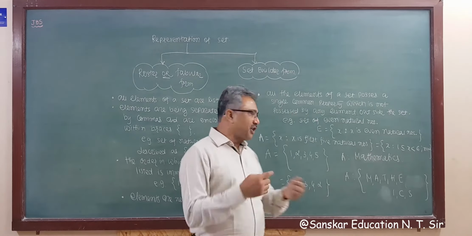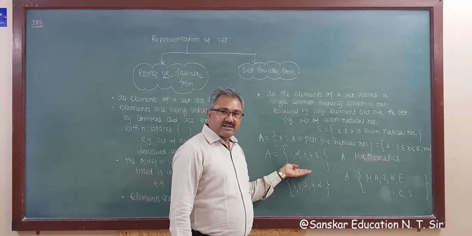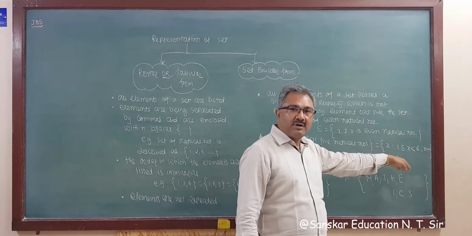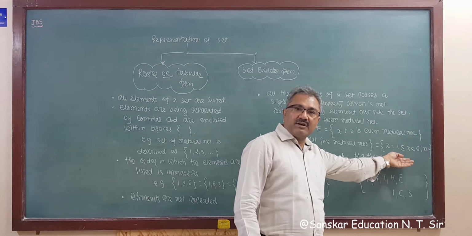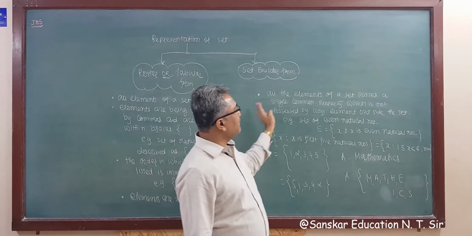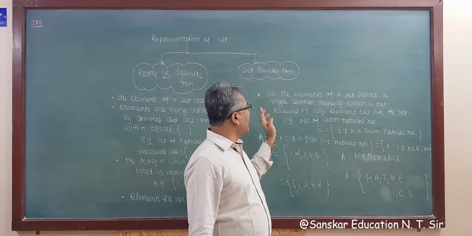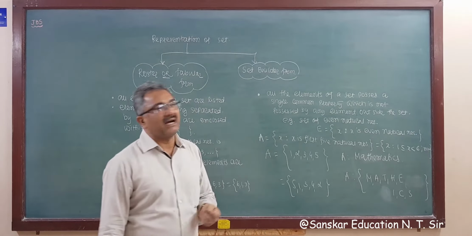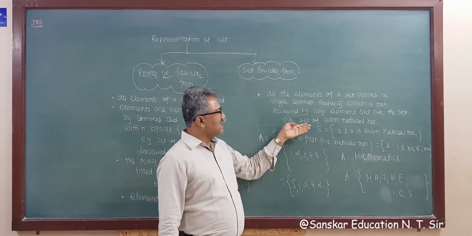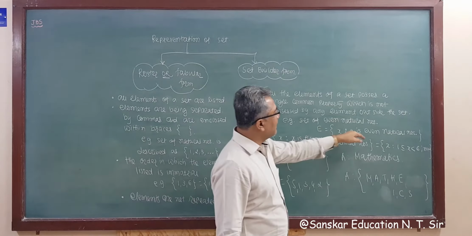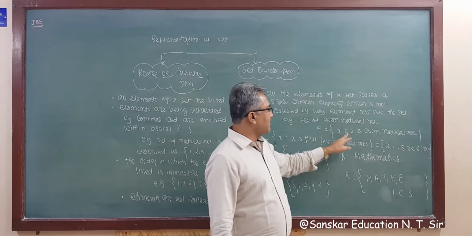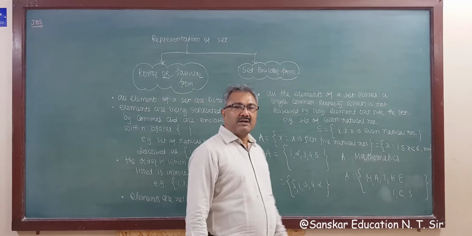So you can change your set from the listing or roster method to set builder form, or from set builder form to the listing or roster method. All the elements of a set possess a single common property which is not possessed by any element outside the set. For example, the set of all even natural numbers: suppose we take E, then E equals x, where x is an even natural number.